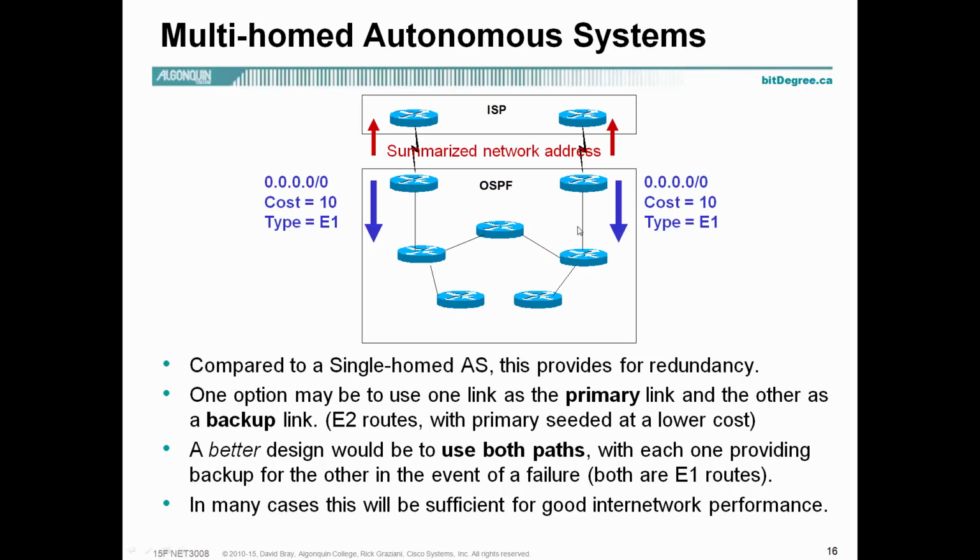You see? And that way you can use the interior costing to route you to the best exit point in terms of the least cost one. And surprisingly, in many cases, this will be sufficient for good internetwork performance. Now, the problem with that, as soon as you have multiple links that are active, of course, is that if you've got stateful firewalls, then your traffic might not necessarily return the same way that it went out. So you have to be careful about that.